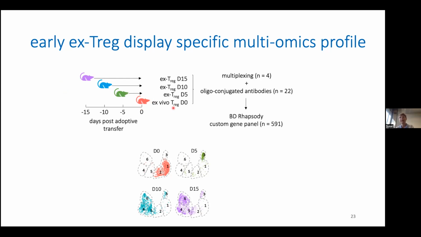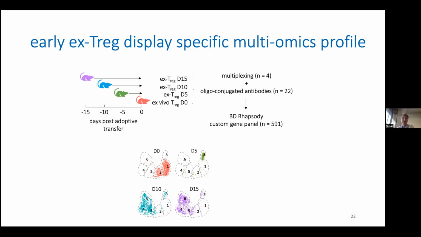One is a normal ex vivo Treg population, just sorted from a normal mouse with the FOXP3 fate mapping or marker expression. So these cells contain everything: stable clones, unstable clones, not enriched for anything. And then we looked at ex-Treg 5, 10, or 15 days after transfer into the Treg knockout mice, so after the stability insult.